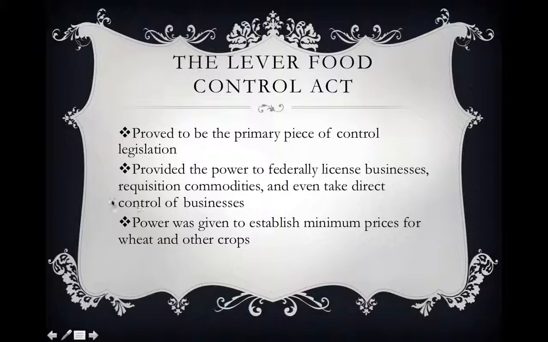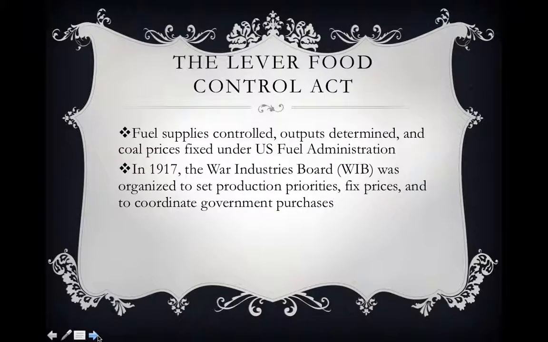So setting a minimum price floor for particular products doesn't make a lot of sense, but it's another element that the government could use to control the allocation of resources by controlling prices in markets. They controlled fuel supplies, they determined what was going to be produced, they fixed coal prices, etc. The U.S. Fuel Administration fixed coal prices, didn't allow coal prices to rise so much.